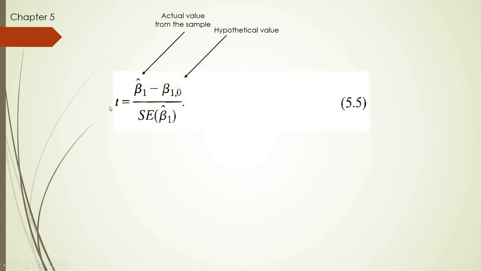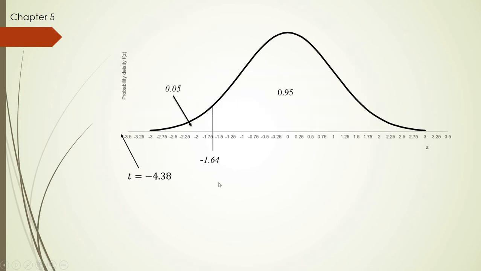So again, we will calculate the t-statistic. It will be again the same value, minus 4.38. What is changing is the limits. So if we have an upper limit in the hypothesis, it means that our critical value from the statistical table will be only negative, and for 95% it is minus 1.46.